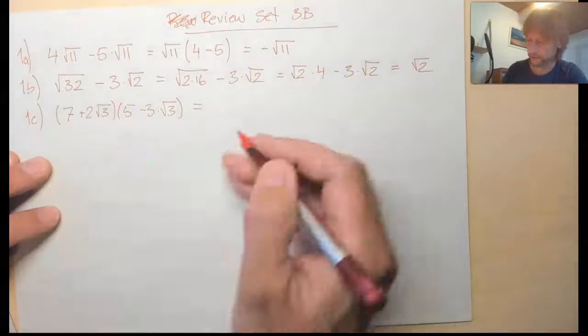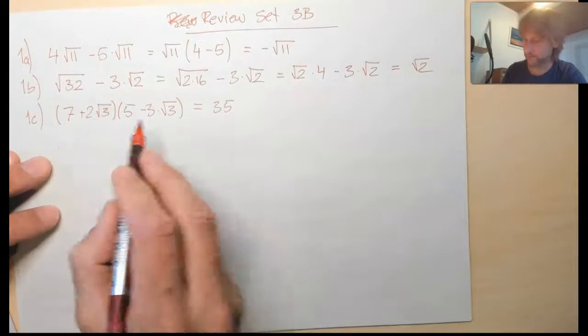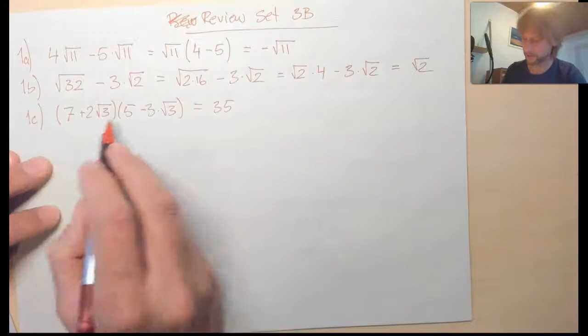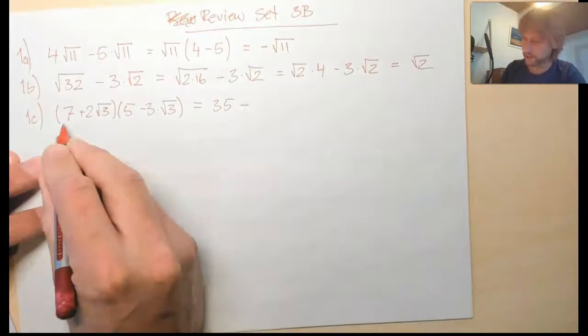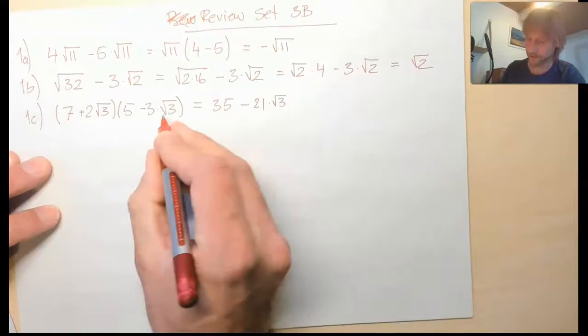So first we have 7 times 5, that's 35. Then we have 7 multiplied with 3 times the square root of 3, and this has to be subtracted because this guy was subtracted. So we get minus 7 times 3 is 21 times the square root of 3.